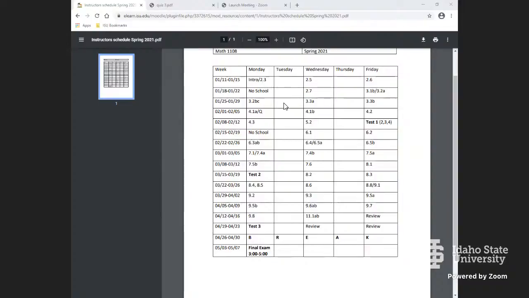So this is the schedule. The exam is on the 12th. Yeah, so it's a week from Friday. I was almost getting worried. I thought it's this Friday.